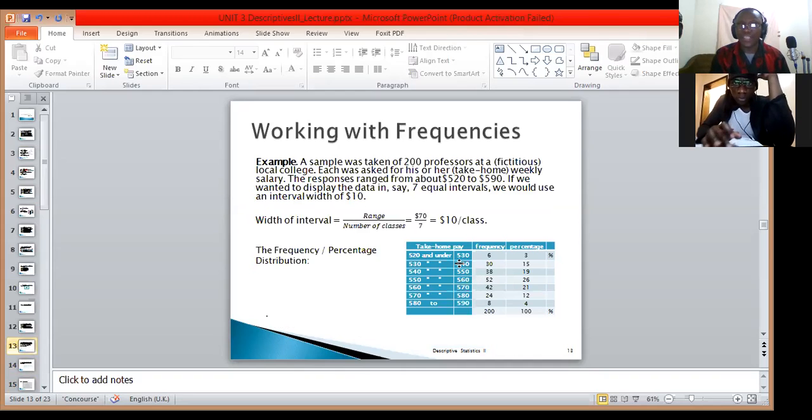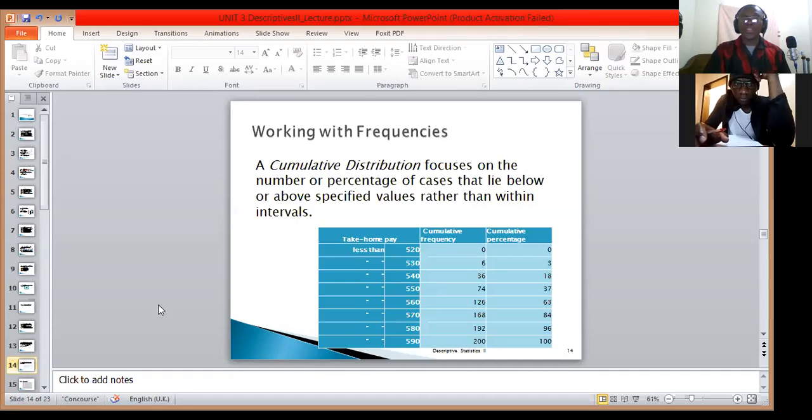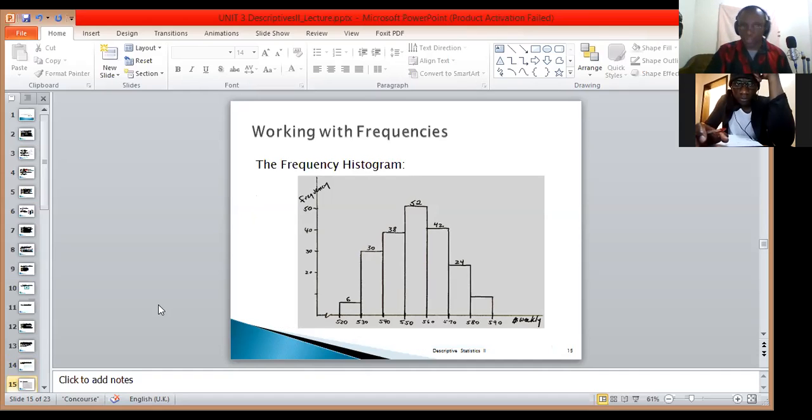So 530, the frequency is 6. 540, the frequency is 30. 550, the frequency is 38. So when you are drawing a frequency histogram, you use the frequency table.